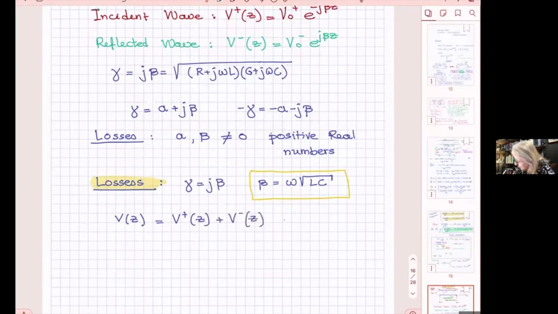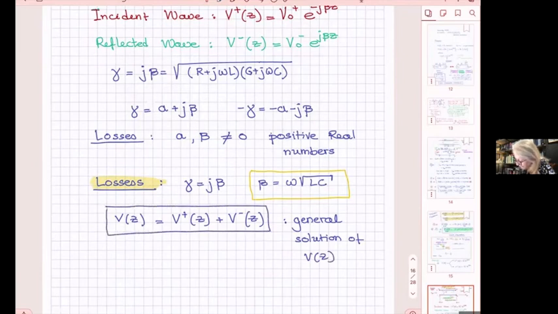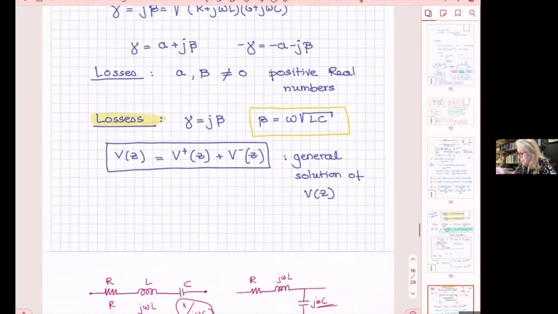This is the general expression, the general solution of V of Z. And we are going to use those starting next time. We're going to start solving problems then, because theoretically, this is all the theory that you're going to see from transmission lines.